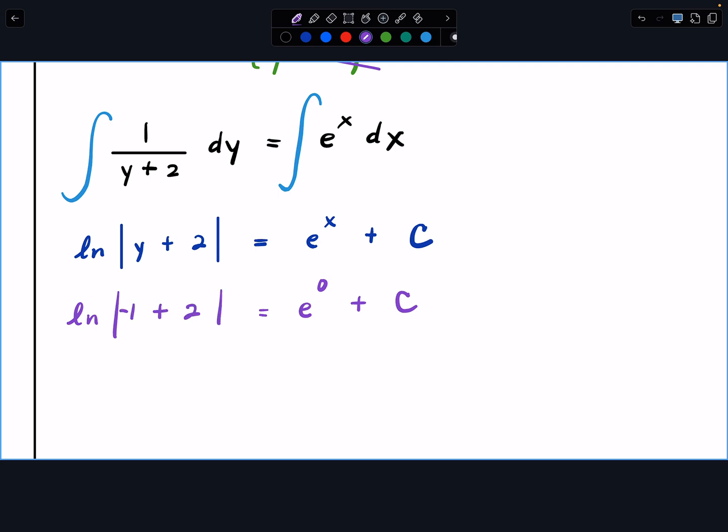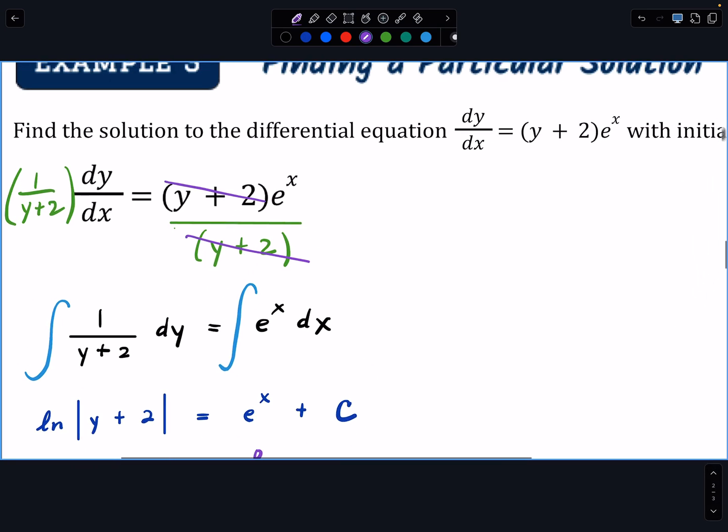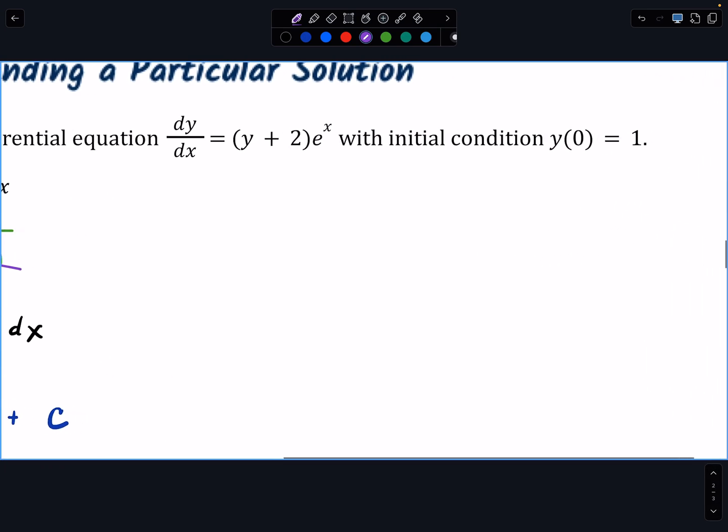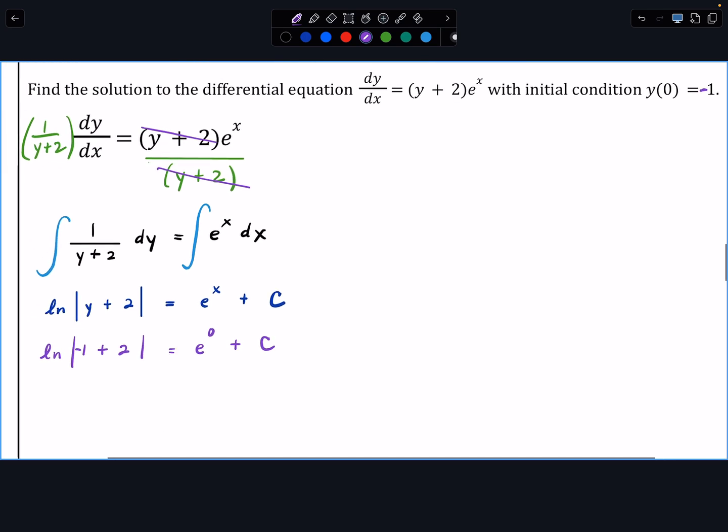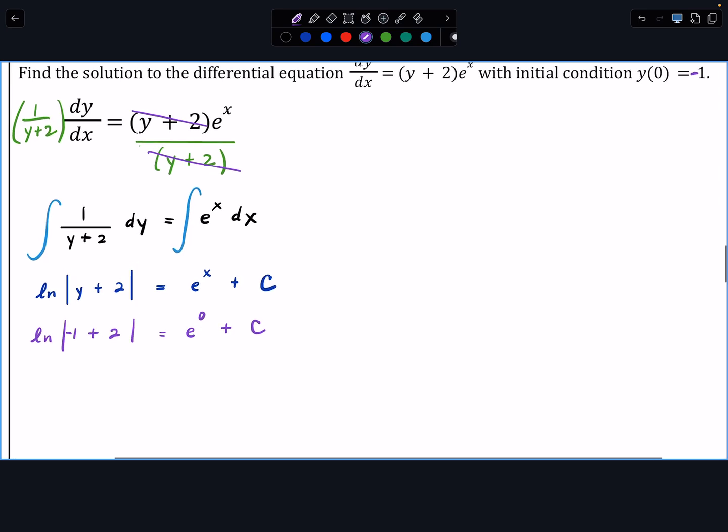Negative 1. Did I write 1? Oh, it's supposed to be negative 1. I was making sure you're paying attention. Let me fix that real quick before next year. I'm going to forget.